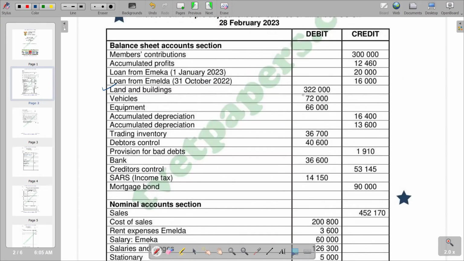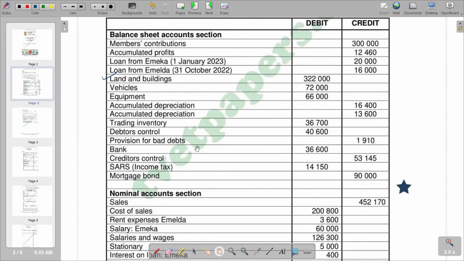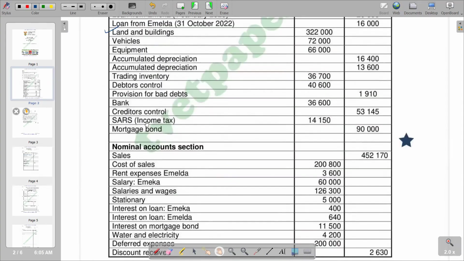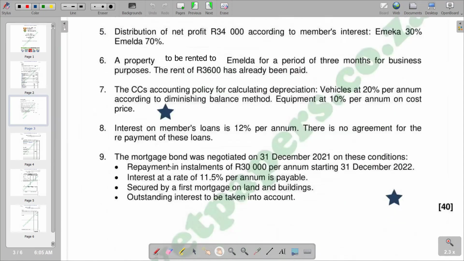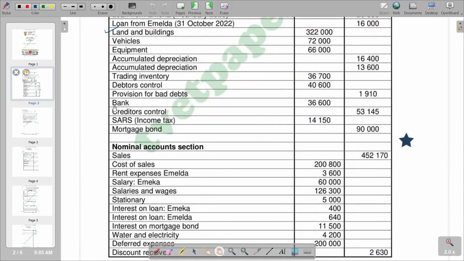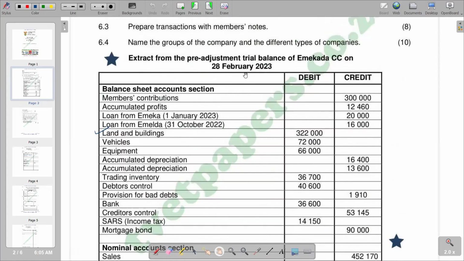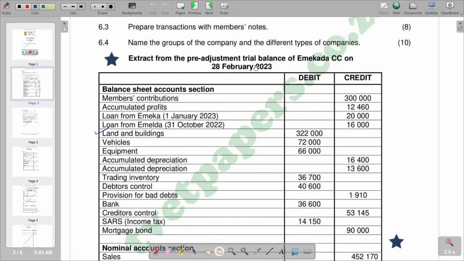So you're going to see that for land and buildings we check if you've got any additions or subtractions in terms of land and buildings. That is land and buildings that were purchased during the year or that were disposed during the year. So if you go down to additional information, you can go through everything, but I see that we do not have any additions or subtraction. And you can take note that our year is ending 28th February 2023. Very important for you to identify your financial year at the beginning of answering your question.